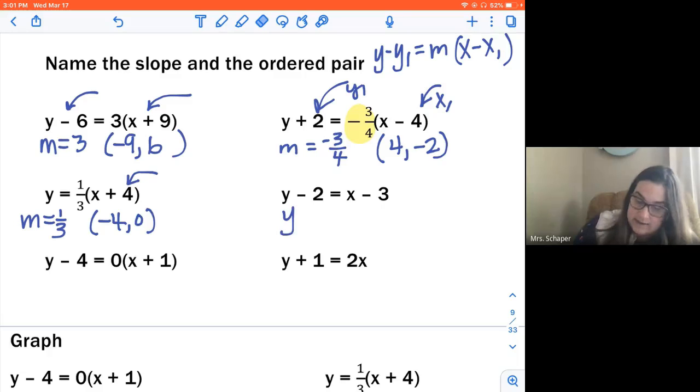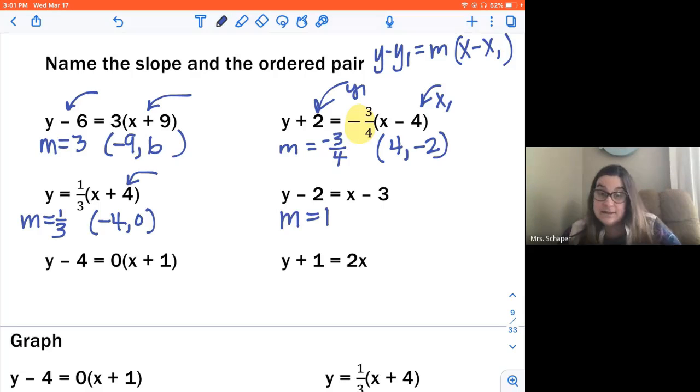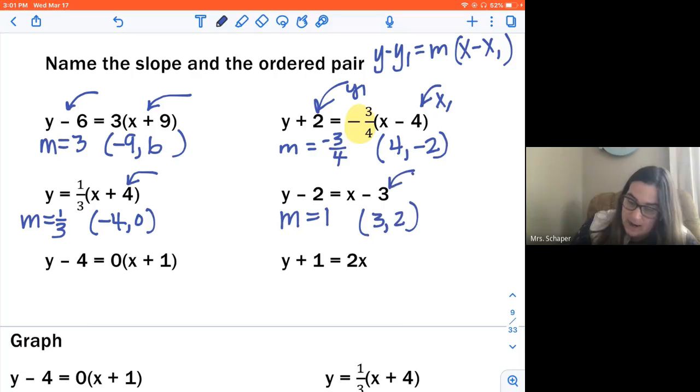Looking at this next one, y minus 2 equals x minus 3. If there's no number multiplied by a group, we know that it's 1. So in this case, the slope is going to be 1. And my ordered pair is going to be 3, 2. Again, this is my x sub 1. This is my y sub 1. And I pick the sign opposite the one that's in front.